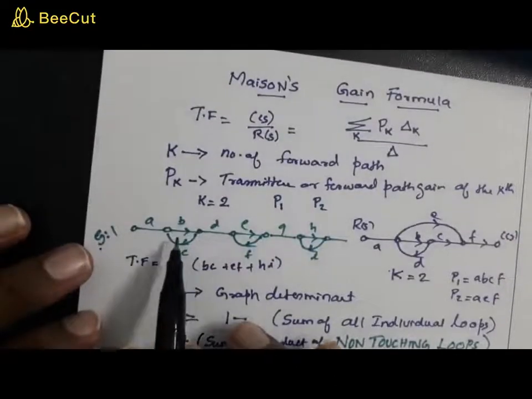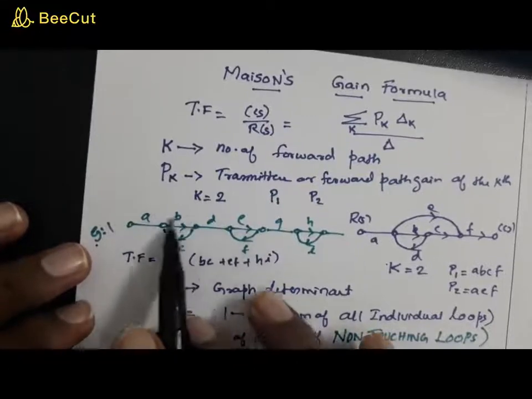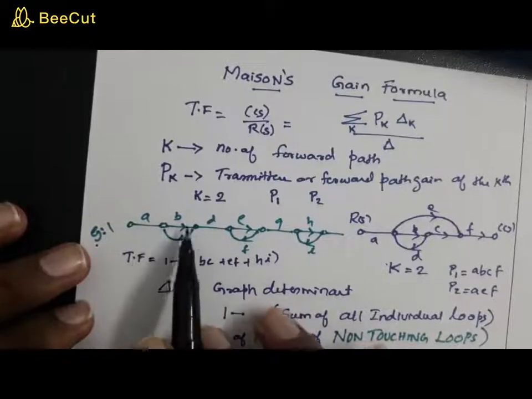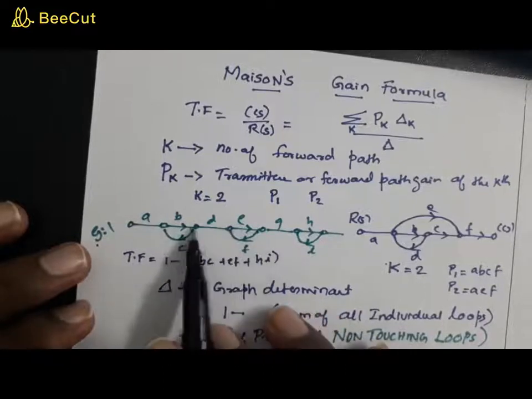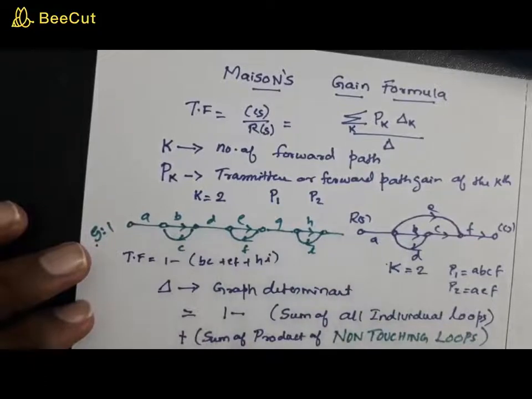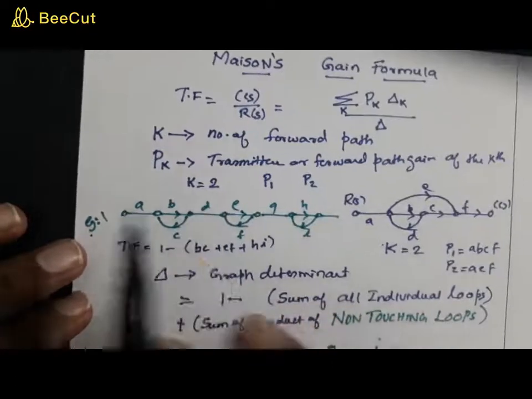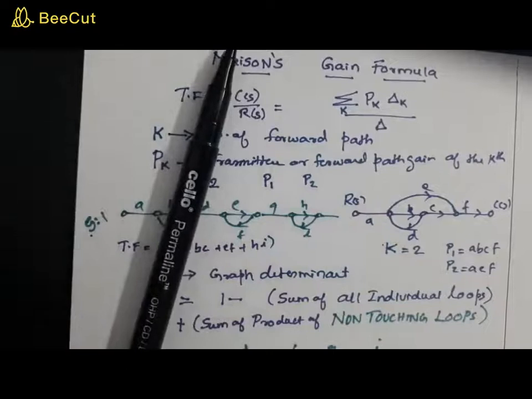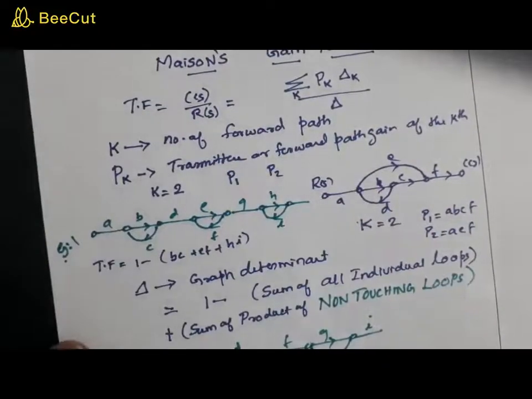In this example, these are non-touching because these are the two nodes associated with this loop, while these are the two nodes of the other loop, and they won't touch each other. So these three come under non-touching loops. So the sum of the product of non-touching loops taken two at a time.